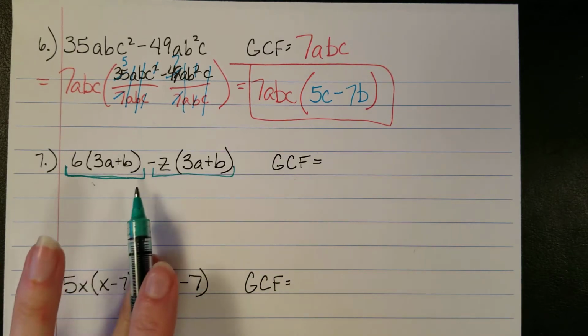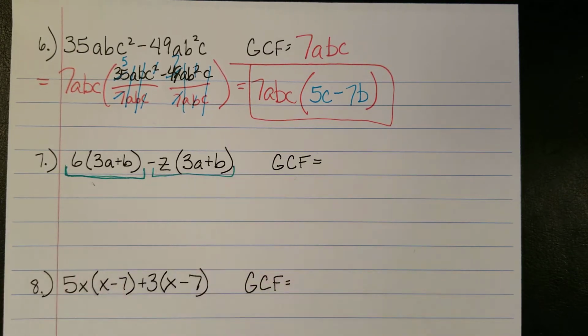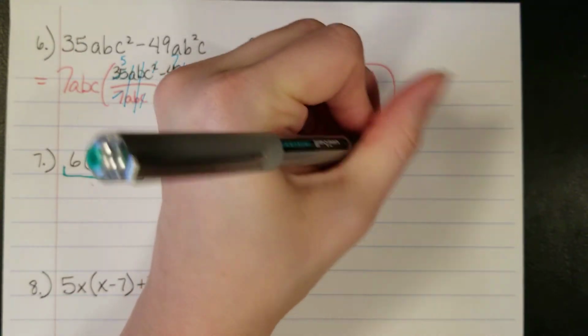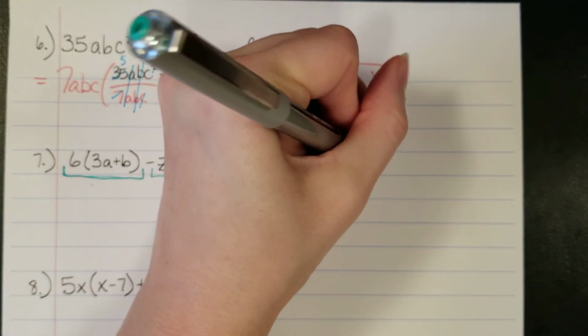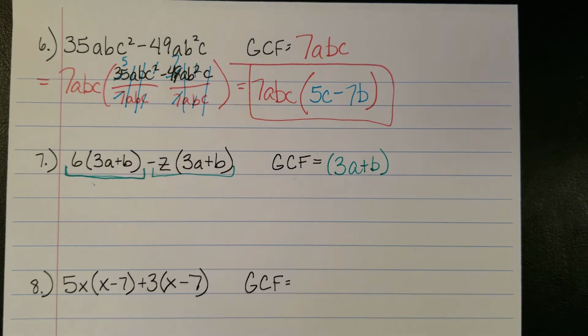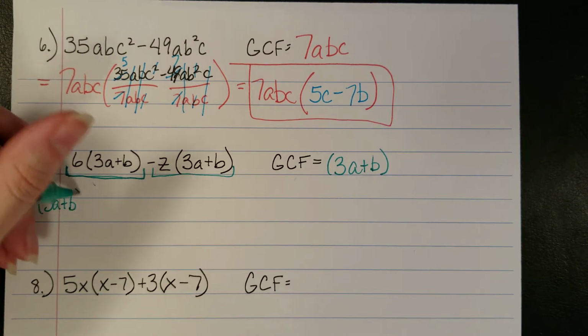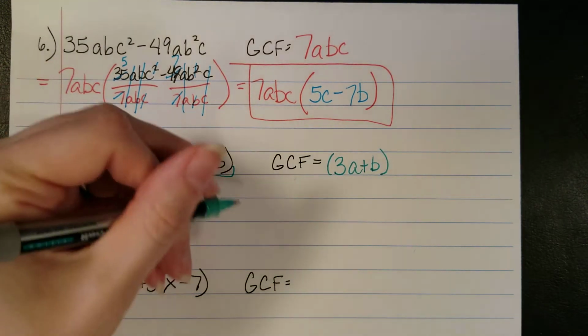So what do those two terms have in common? Well, it's going to be the thing that's in parentheses, which is 3a plus b. All right, so just like before, we're going to write that 3a plus b in the front.